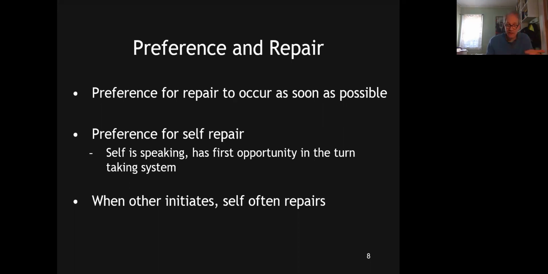And then in your own data, if you see things that are not happening that way, that people aren't producing the preferred responses or the preferred repair trajectories, that becomes an analytic point. You can then ask yourself, why is this happening? Why are people producing dispreferred responses?